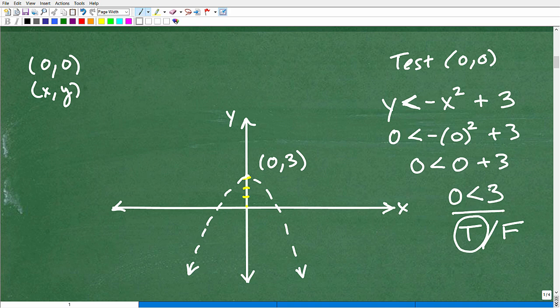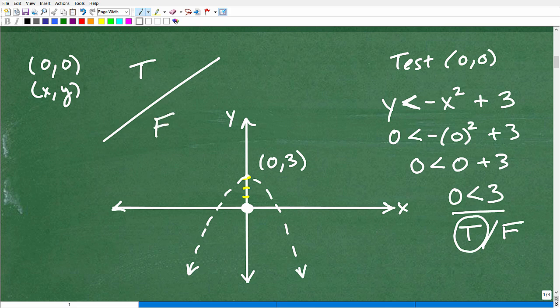So we need to go to where 0 is at on the graph. (0, 0) is where on the graph? It's right here. It's the origin. Okay, so here's how this works. If you look at the parabola, we have an inside region and we have an outside region. Let's just take a line, for example. If I had a line on a graph, one side is true, the other side is false.